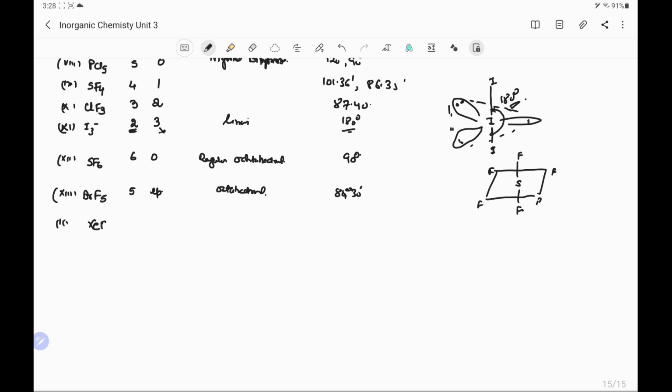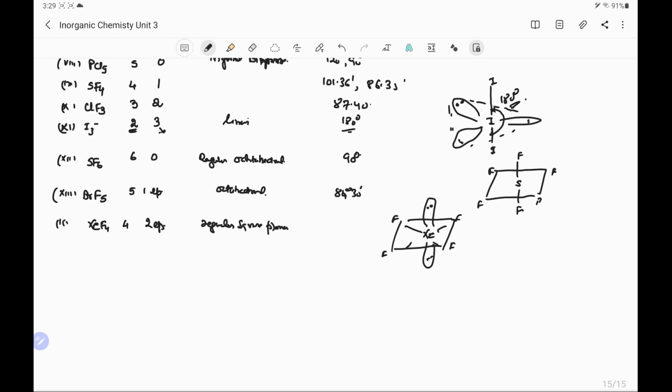XeF4 will have 4 bond pairs and 2 lone pairs, and it will have an octahedral arrangement, or we can say a regular square planar shape, because here in XeF4, Xe has a square with fluorine at the corners in the equatorial plane, and 2 lone pairs will be in the apex up and down positions.